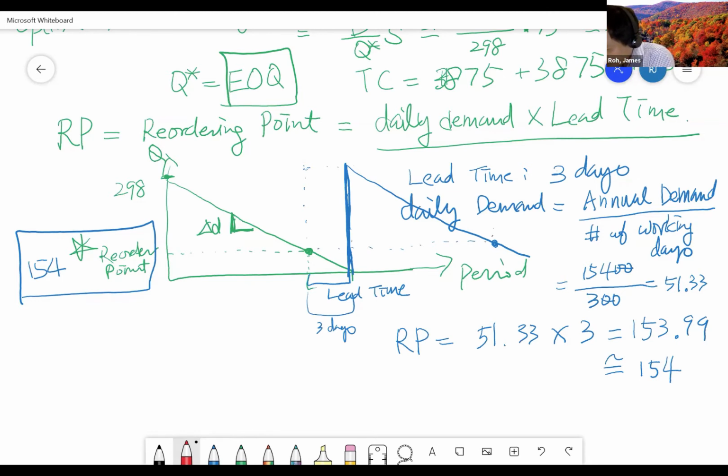You order 298, and after 3 days it will arrive to your business place, and then it'll go back up like that. So it looks like a sawtooth. Inventory management looks like sawtooth when demand is constant.